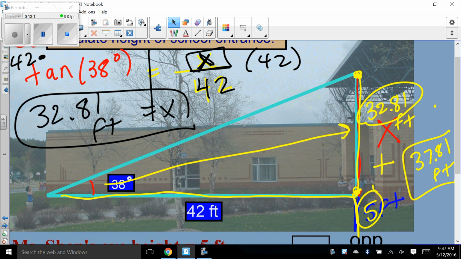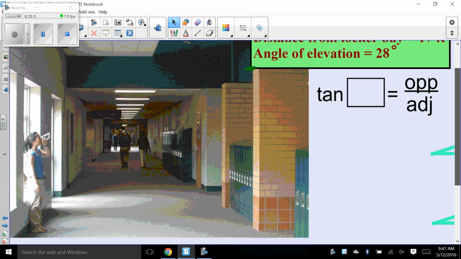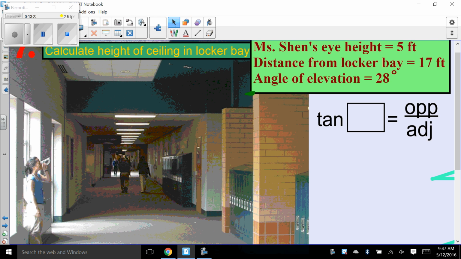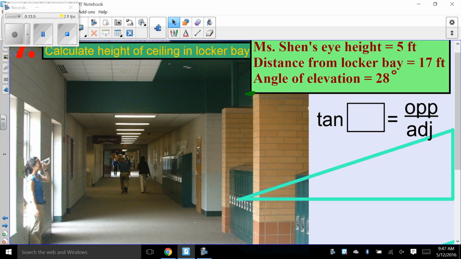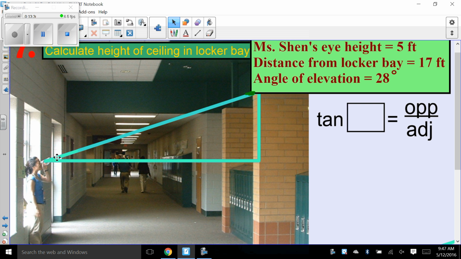All right, gang, last problem of the day. Number 7. What about the height of the ceiling in the locker bay? That's probably less scary to climb up there and actually calculate the real elevation. We need to create a right triangle. Miss Shen is looking through the astrolabe. We need to calculate the angle of elevation and the distance she is from the locker bay.